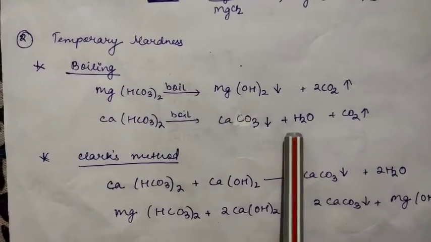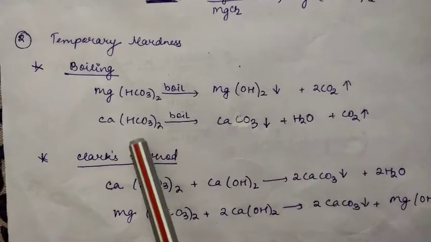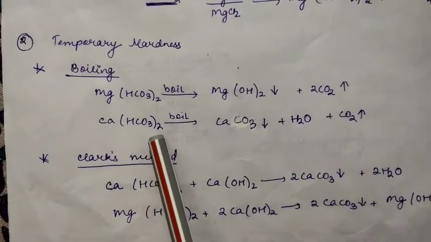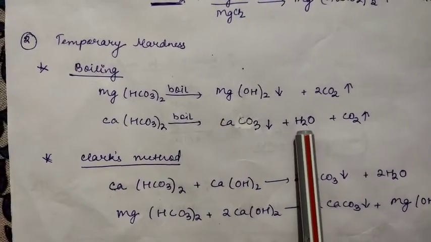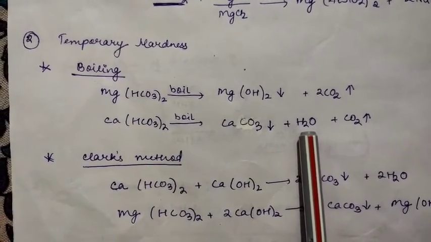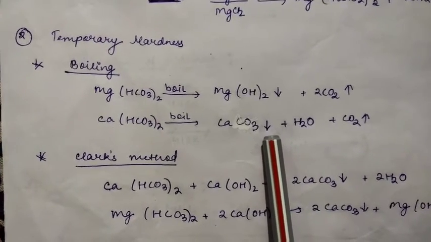In this case, one extra water molecule is produced by using calcium hydrogen carbonate. Whatever water is there, the number of molecules is increased by 1 because there is a product water here. So this also settles down and you can get the soft water.